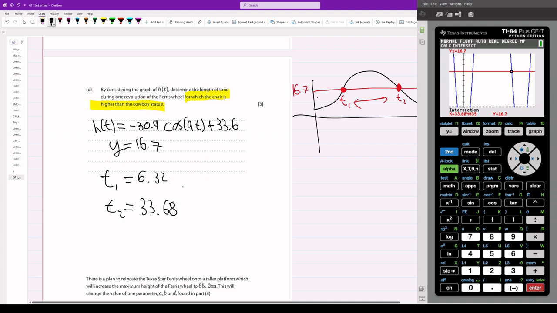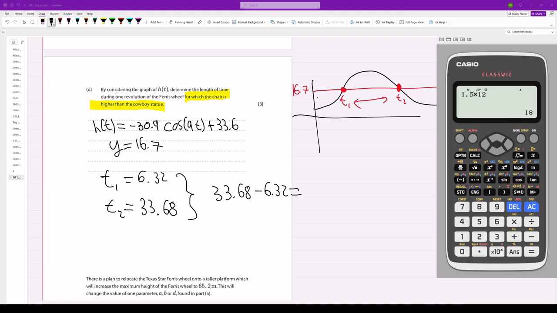There we go. And the difference between these two is going to be equal to... Oh, well, big calculator's covering up little calculator.